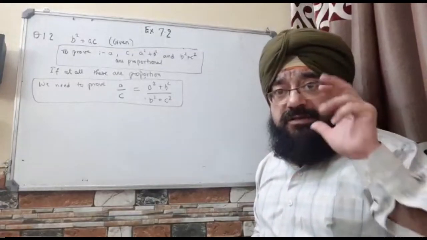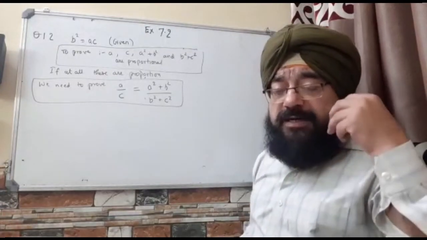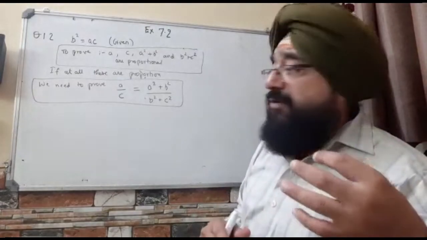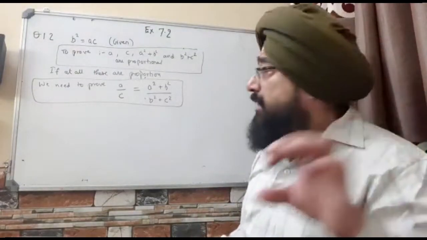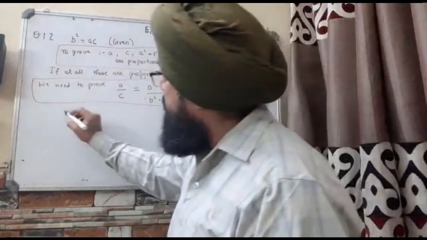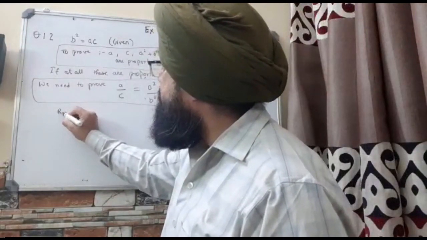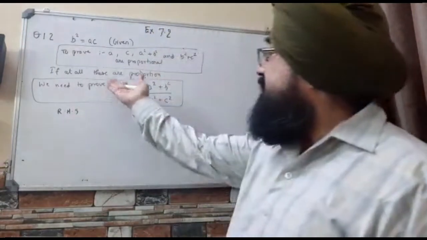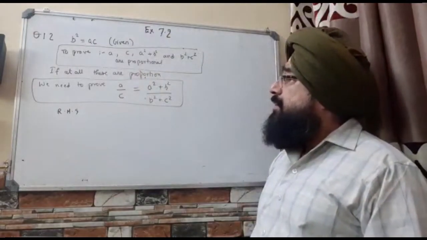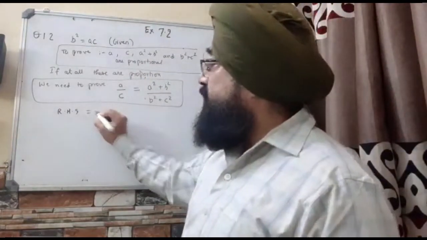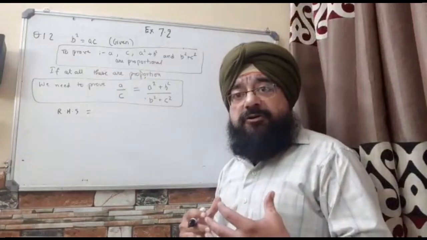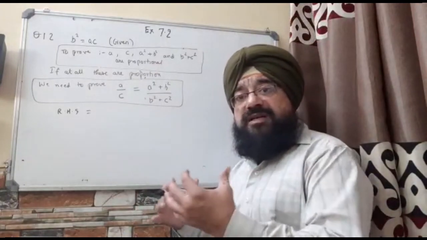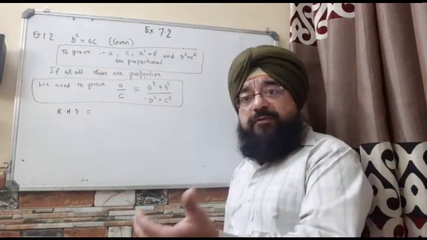So I hope this understanding of what to prove is coming in your mind. Yes, sir. So first we'll catch hold of RHS. Obviously LHS doesn't have any scope of solving in it. So I catch hold of RHS. See, when a question of proof comes, you cannot go ahead with both the sides. You have to catch hold of one side and try to reach the second side.